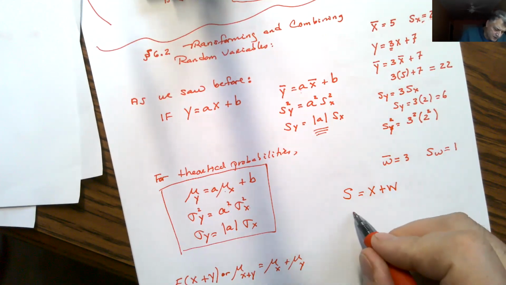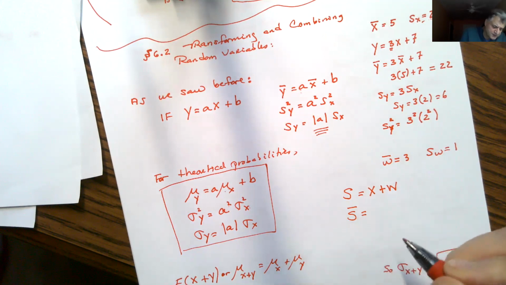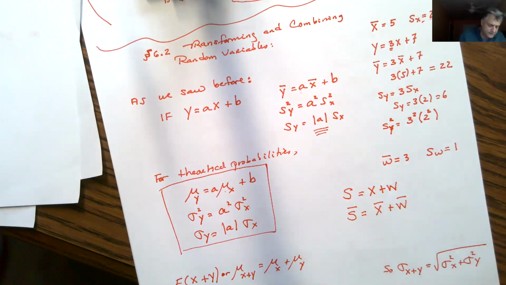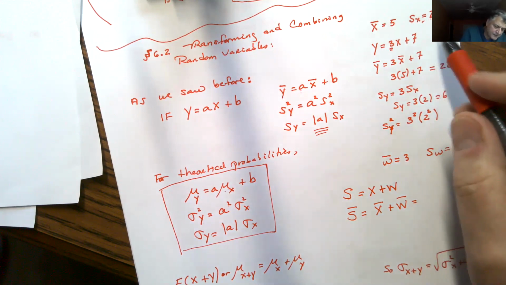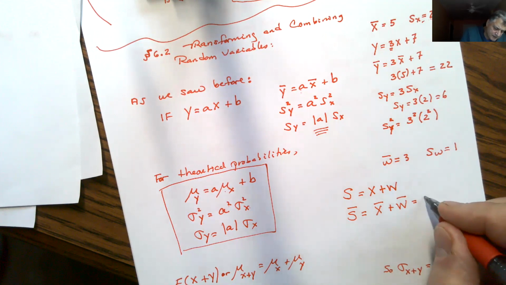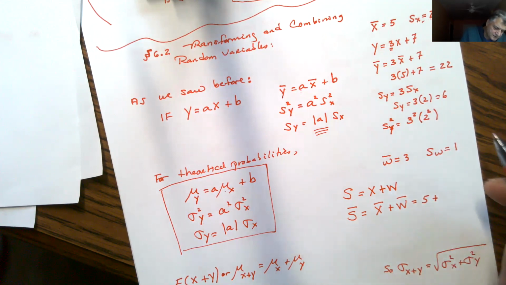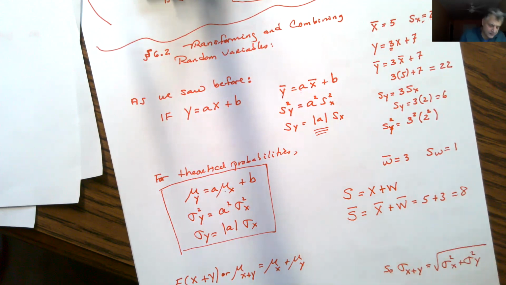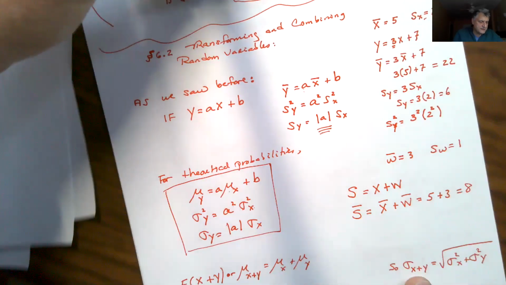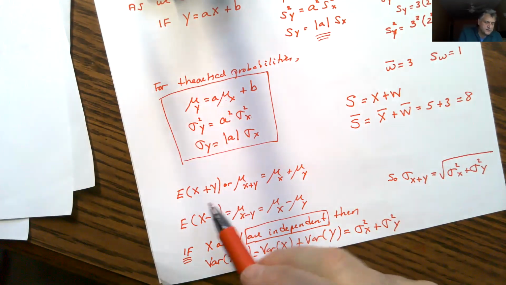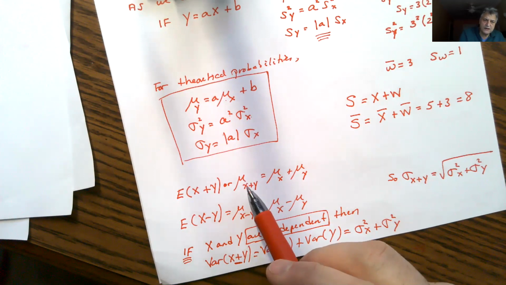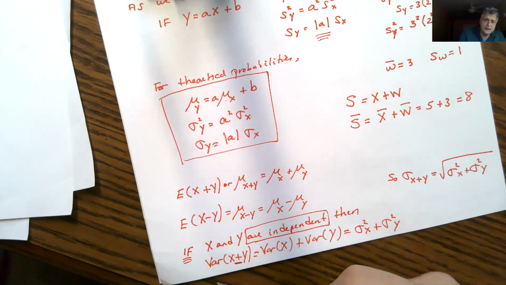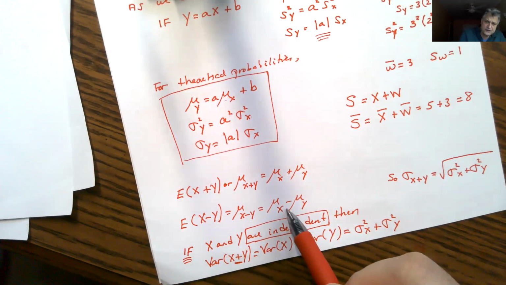Then we saw before that S bar gives you x bar plus w bar, which is 5 plus 3, which is 8. This is just using the mu notation. So the expected value of x plus y, or mu of x plus y, is just mu of x plus mu of y. Same thing if you take the difference, you have a subtraction here.